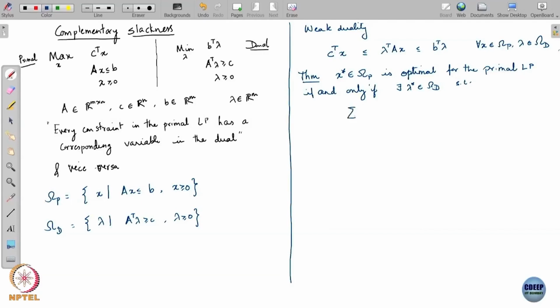Let me write it like this. Let me, on the side, introduce a bit of notation. Let the matrix A be represented as a matrix of numbers A_ij, where i runs from 1 to m and j runs from 1 to n.